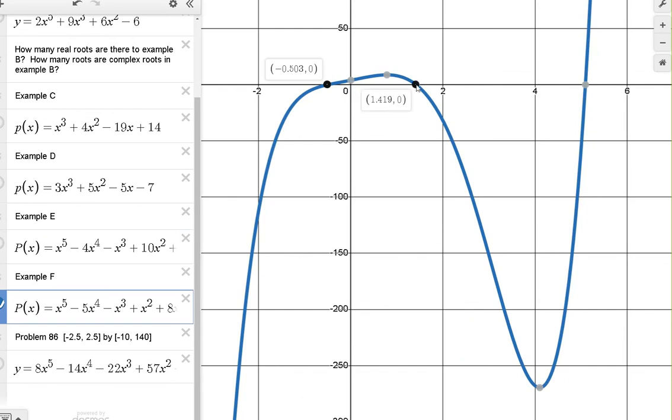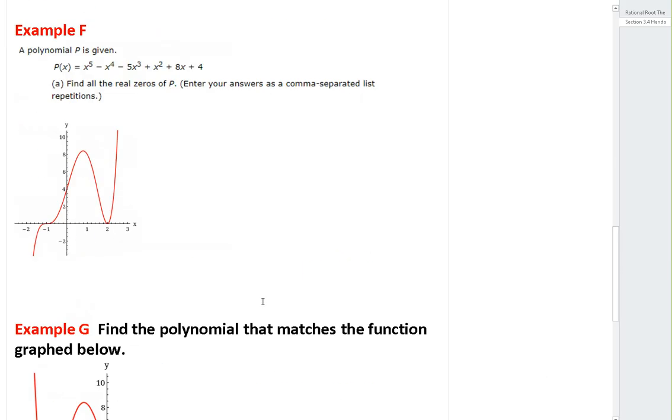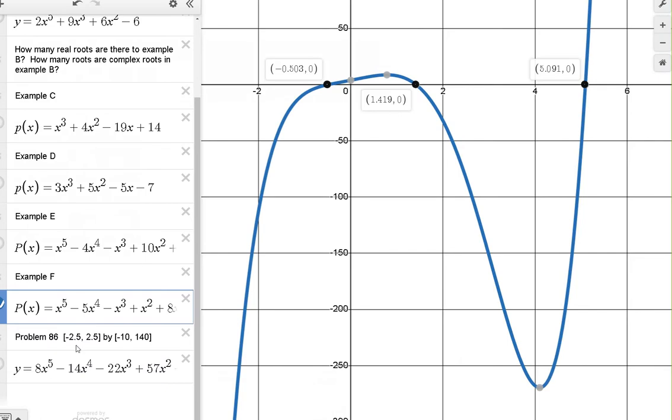Boy, these are ugly looking. Did I copy the right graph? Example F. Let me take a look at the handout here. Thank you. I knew there had to be something wrong there someplace.